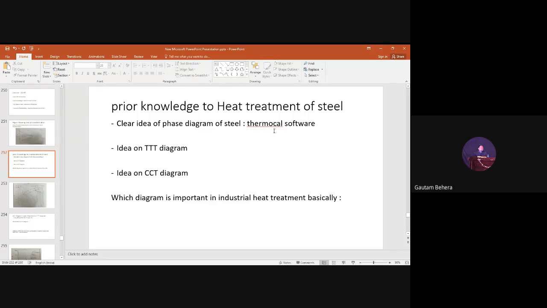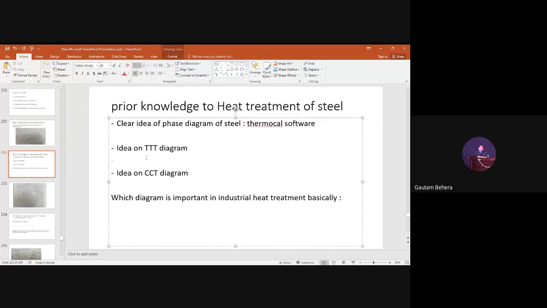This is a very expensive software, like 2 crore, 3 crore, or maybe more than that. I'm not sure exactly, but the software rate is very high. If you give the composition of the steel, it will give you a phase diagram, and with the help of this phase diagram, you can understand where your A1 temperature is, where A3 is, and where Acm is, right?